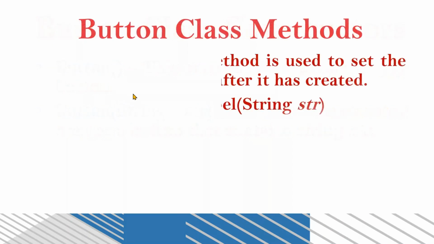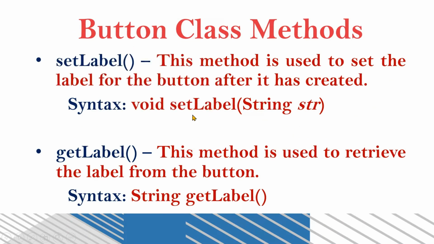Now coming to the methods. A lot of methods are there, but as of now we see only two methods: set label and get label. The set label method is used to set the label for the button after it has been created. Suppose we take the first constructor without any label, that creates an empty button.